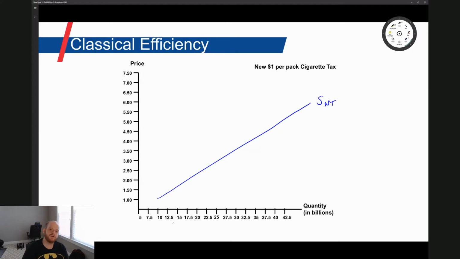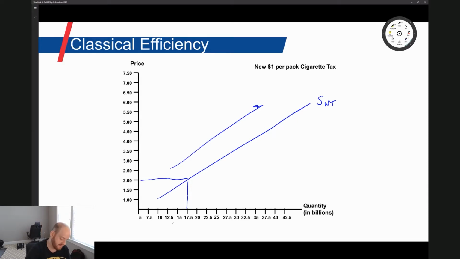Now, this supply curve is representative of the amount of cigarettes that we as cigarette producers would be willing to produce at any given price, right? And this upward slope then makes sense because if a pack of cigarettes is $2, then we as cigarette producers would be willing to produce 17.5 billion packs of cigarettes.